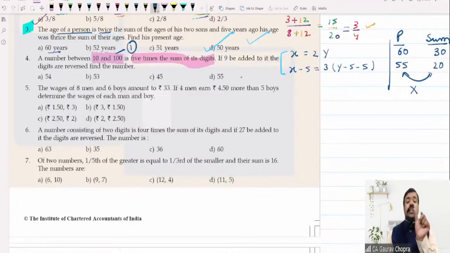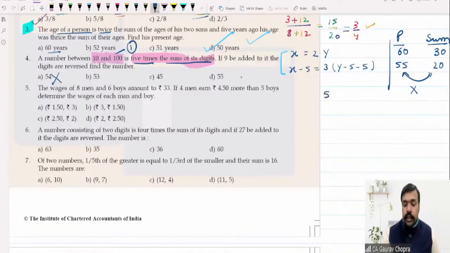If we add the digits of the numbers and multiply by 5, it says it is 5 times the sum of its digits. Let's say 5 and 4. If we add 5 plus 4, it becomes 9. 9 multiplied by 5 is 45, but the number is 54. So option A is not getting satisfied.